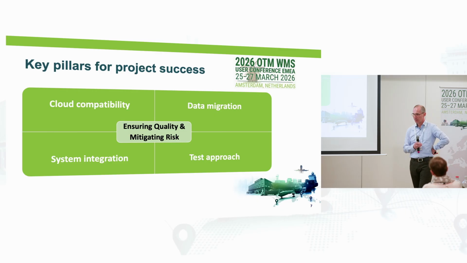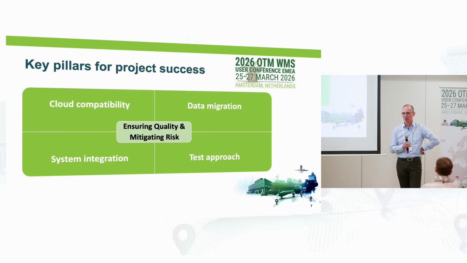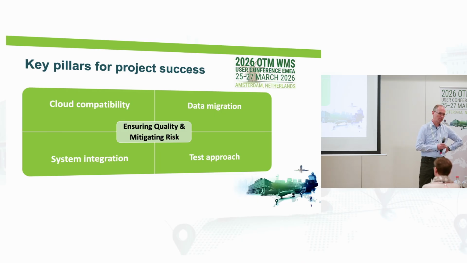Since years, we had no decisions to go for any development which is not cloud compatible, because we knew it will come at a certain point in time, and therefore even though sometimes it could have been the easier approach, we always looked for the solutions which are cloud compatible.